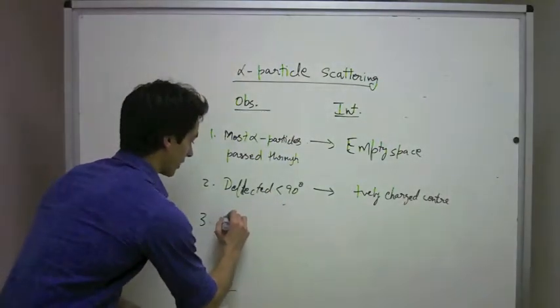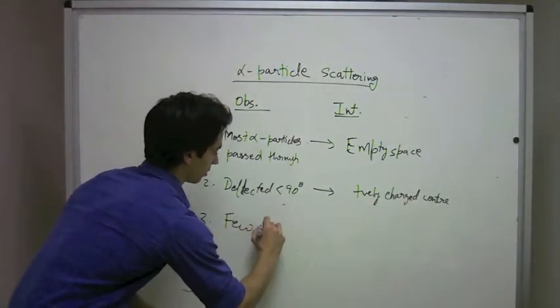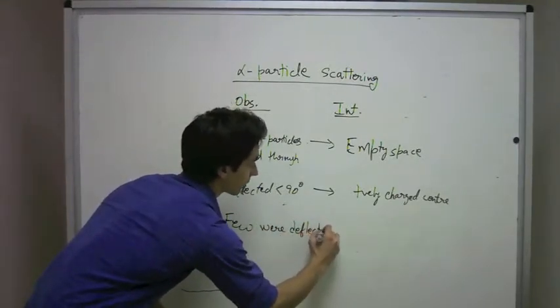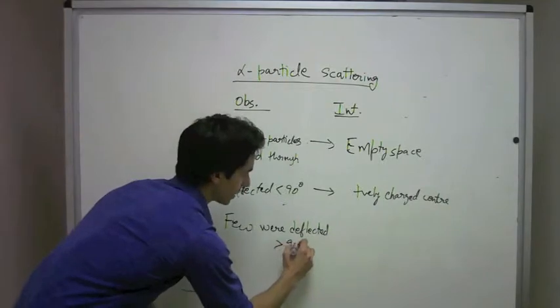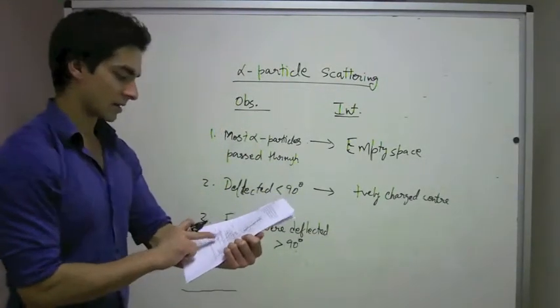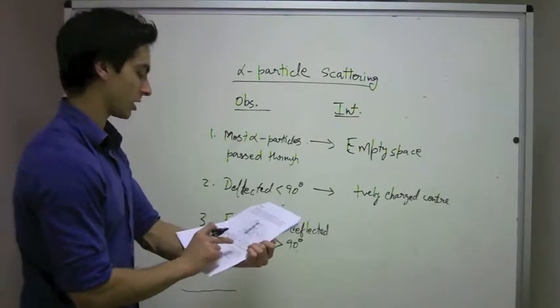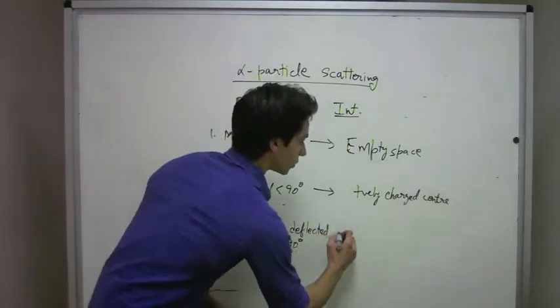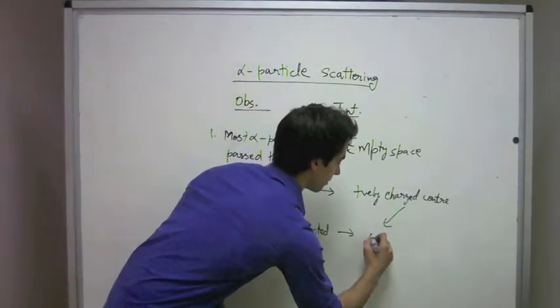So some of them, few were deflected at angles greater than 90 degrees. Okay, this entire observation interpretation table is made on page 3. So this shows that the center was massive.